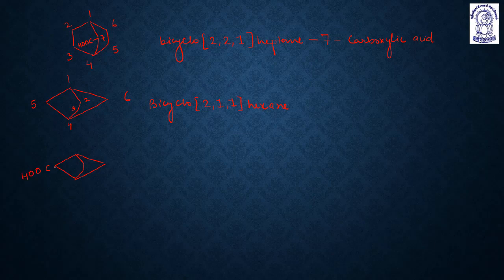COOH. So it comes to 1, 2, 3, 4, 5, and 6. So bicyclo 2.1.1 hexane 5 carboxylic acid.